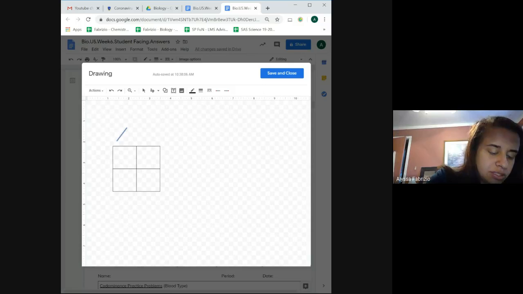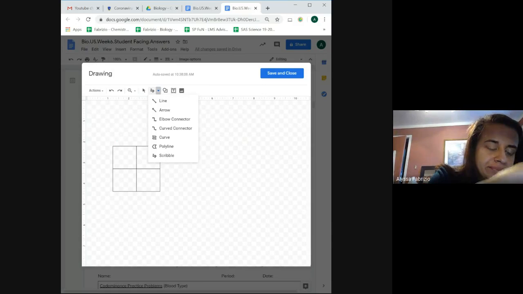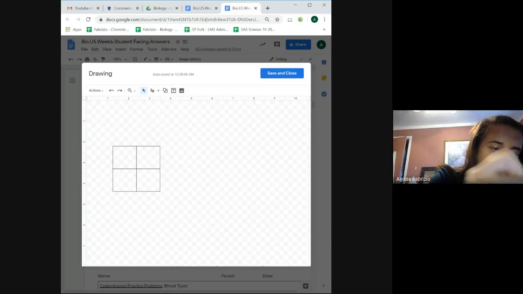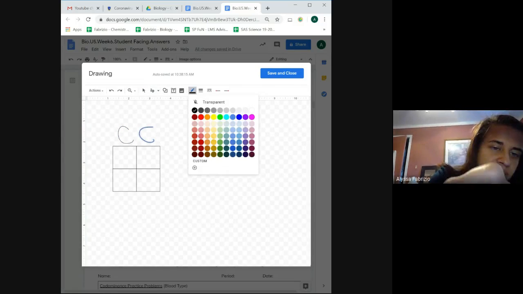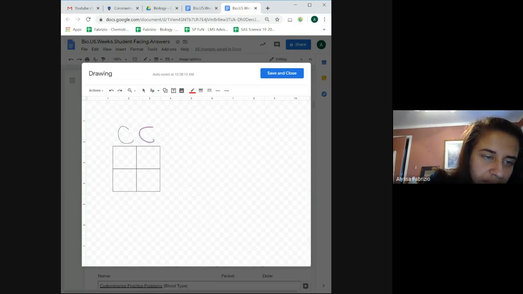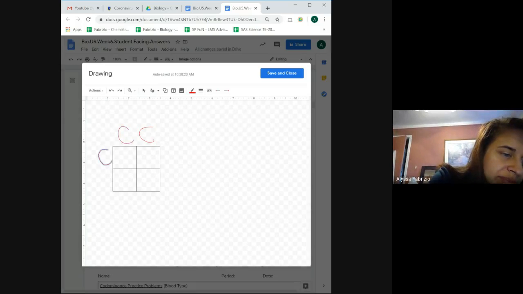So our circle-eyed individuals have the genotype of CC. For both of them, it would all be CC, so they both can only contribute a capital C as the genotype for the eye trait.